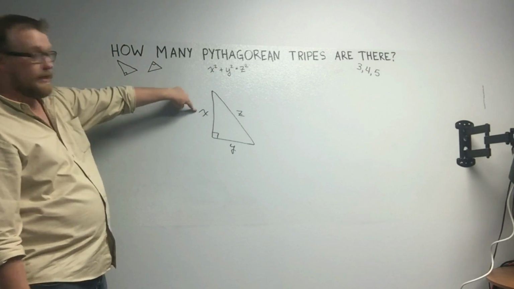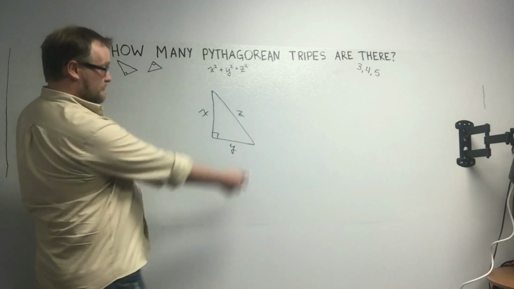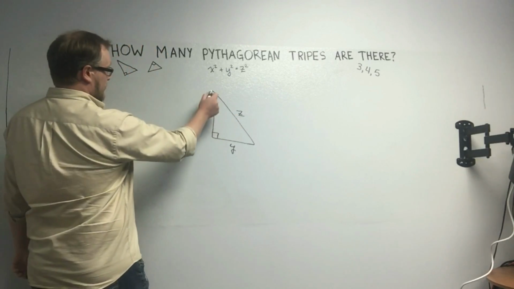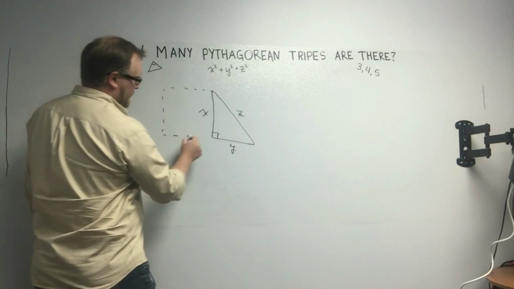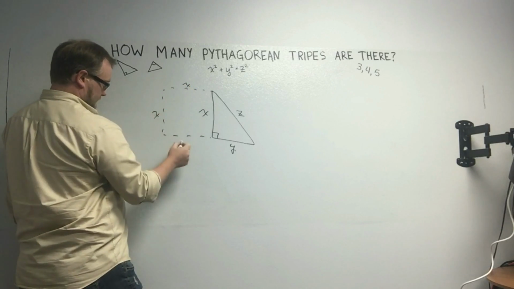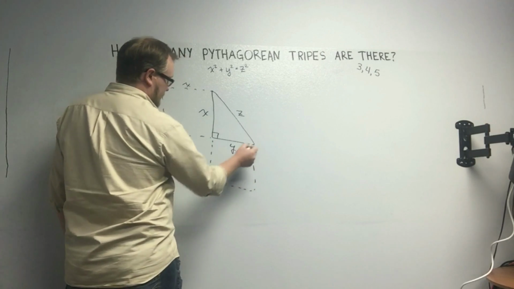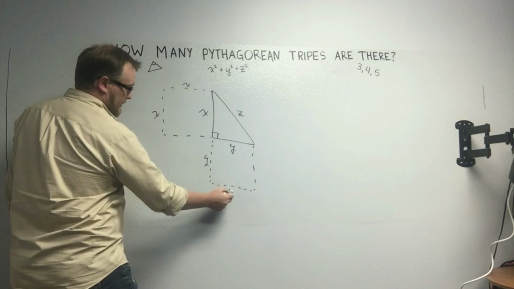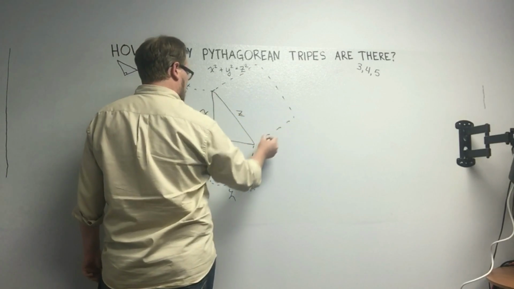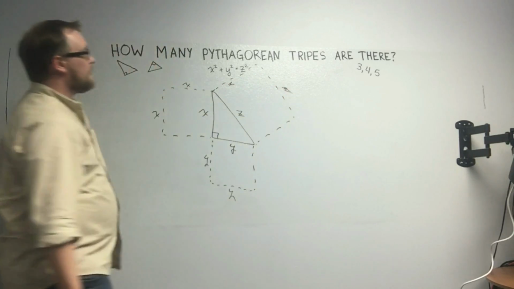Whenever you square this side and square that side, it's equal to the square of that side. So you could even draw a square where that length is x, a square where that is y, and a square where that is z.